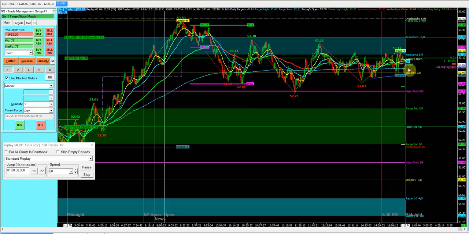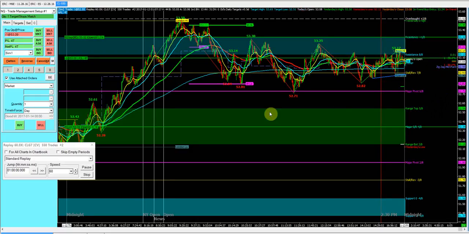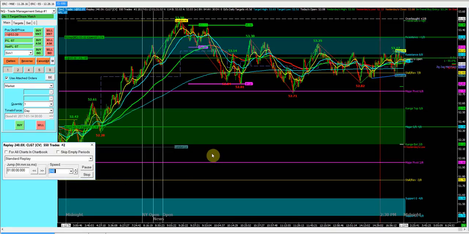Even though that's a wedge, I don't think it's going to pop up because it's already popped up here. It's a pretty good bet that it's going to pop down, and $220 is not an unreasonable risk for trading crude. Okay, let me pop this up a little bit. There we go, 240. Since we're already filled, I'm not worried about any slippage on that.